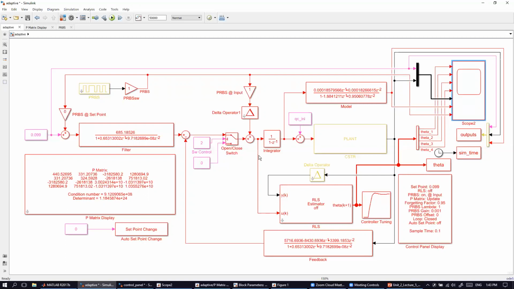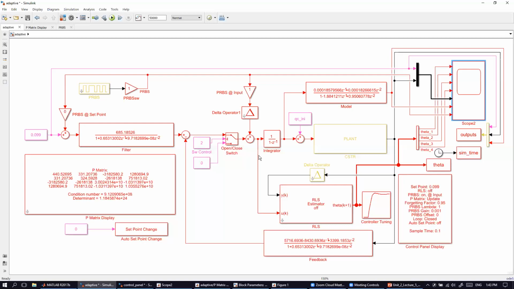And then you will beg them again and again, and then somehow they will let you do it, right? But they will tell you that your signal that you want to inject should not disturb the process. So that means that the PRBS should be as small as possible.